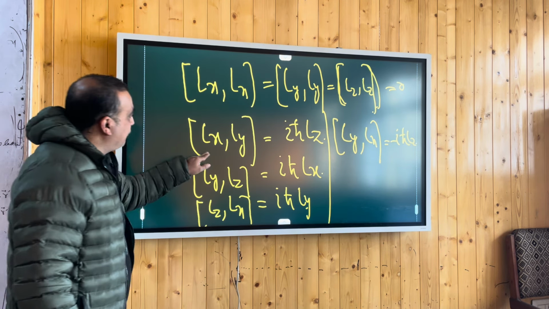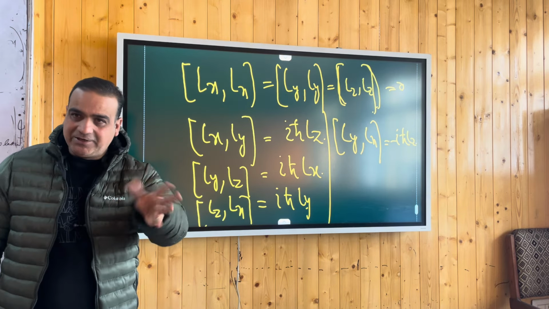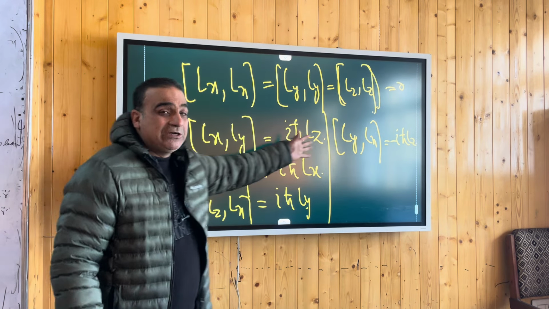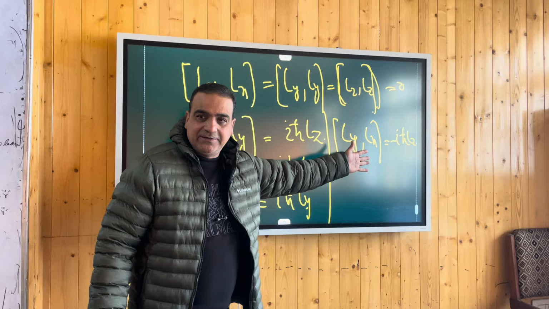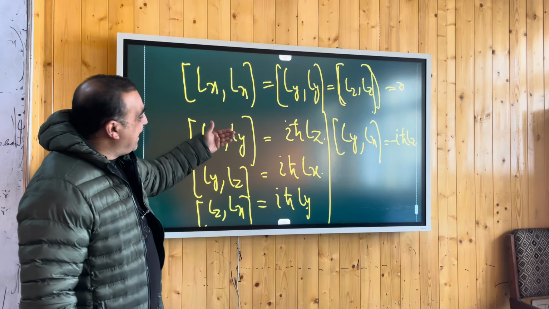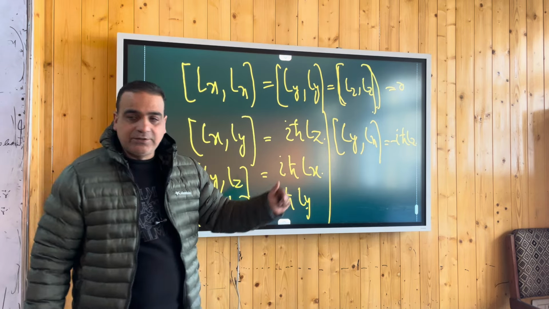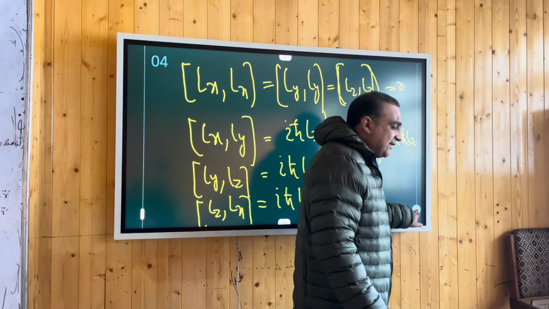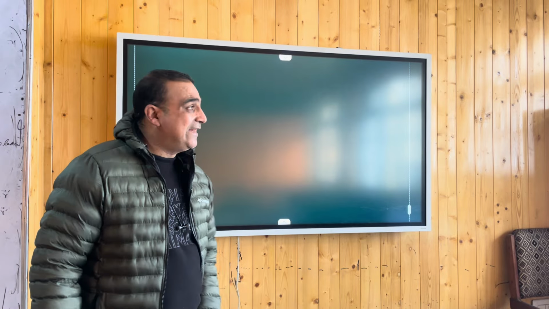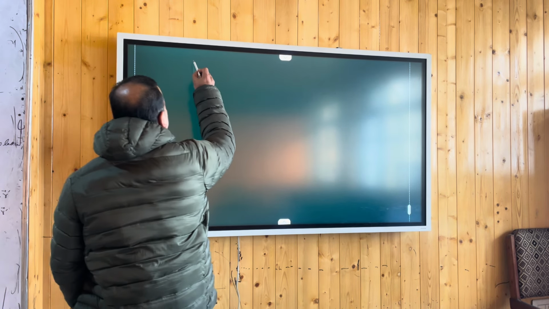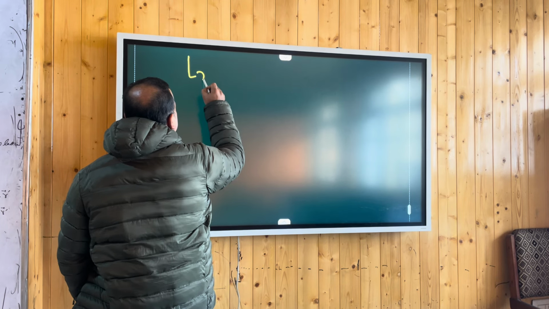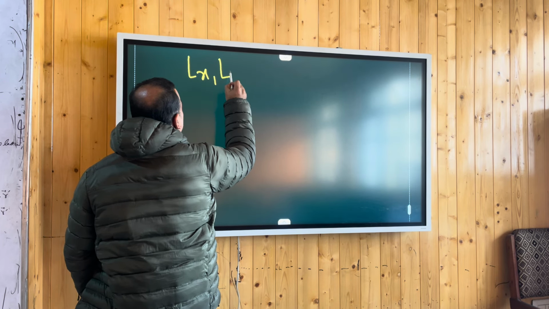But when you go into the framework of different coordinates, the outcome is different. Lx and Ly, they don't commute. Ly and Lz, they don't commute. Is this clear? Now, let's go with another important property, that is Lx and L.